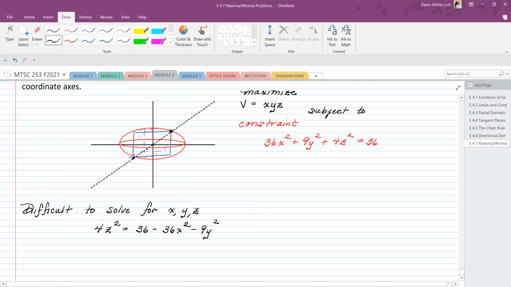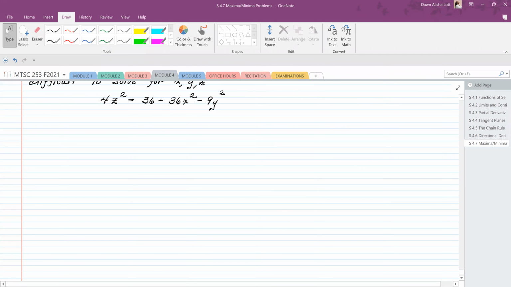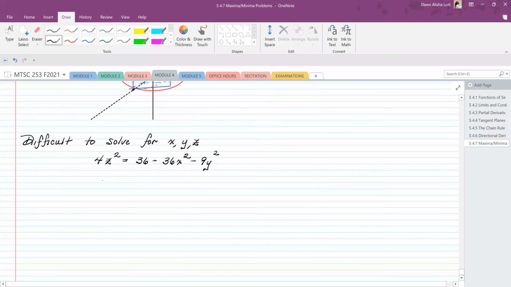So Z squared is going to be 36 minus 36x squared minus 9y squared, over 4.